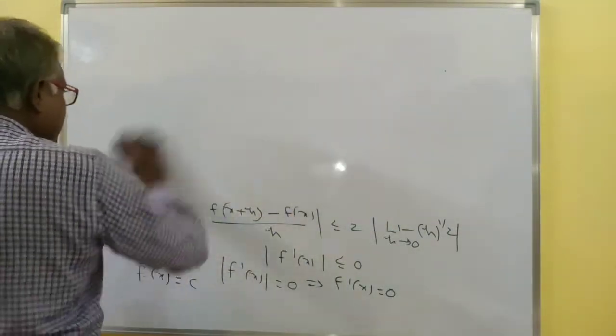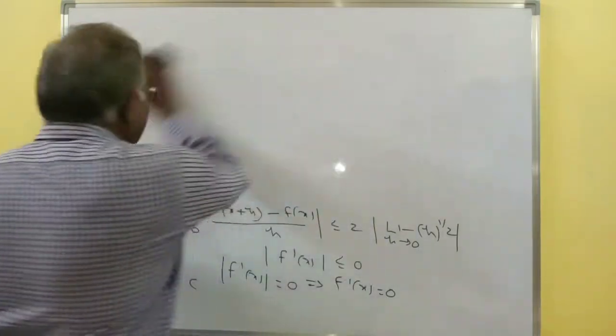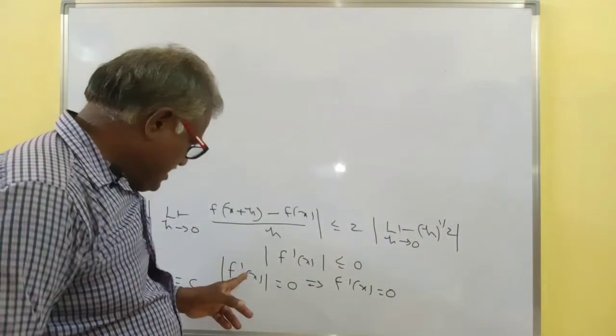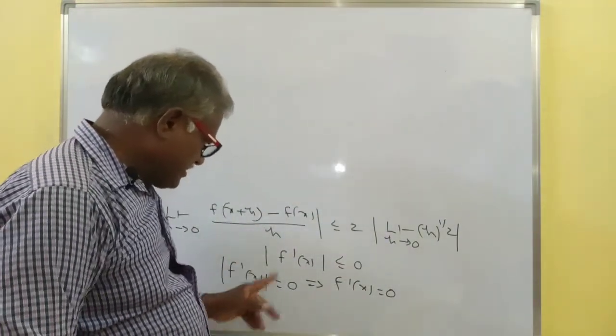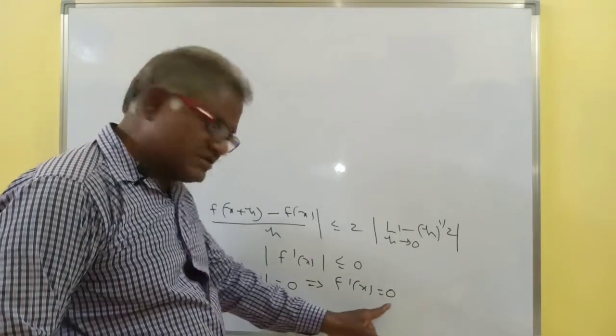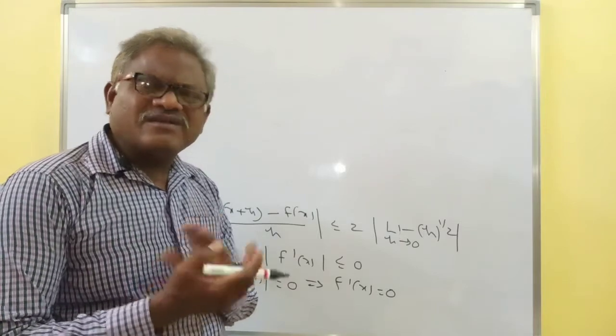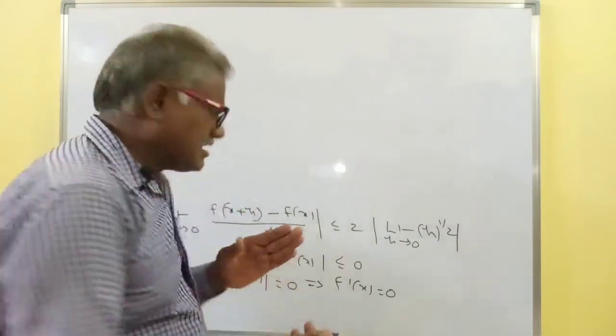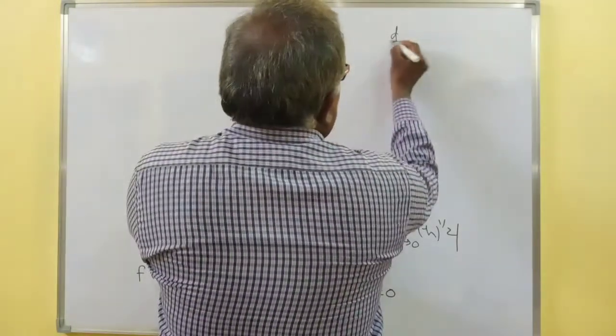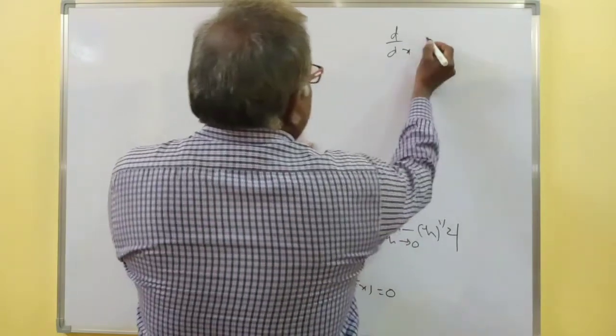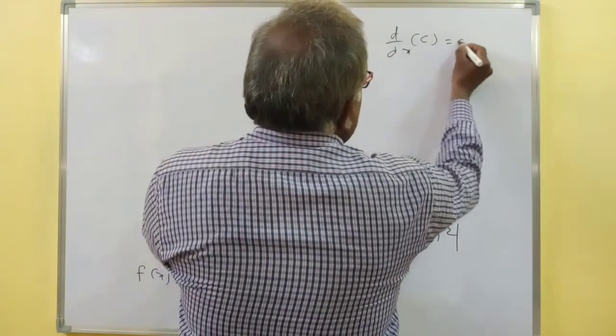Here this concept you should clearly understand. First of all, the derivative of a constant function is equal to 0.